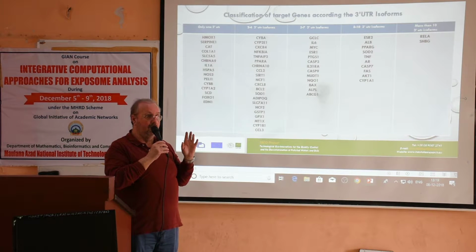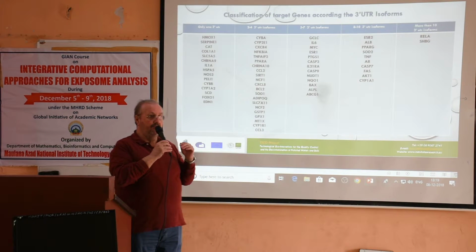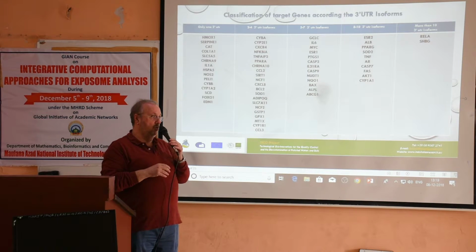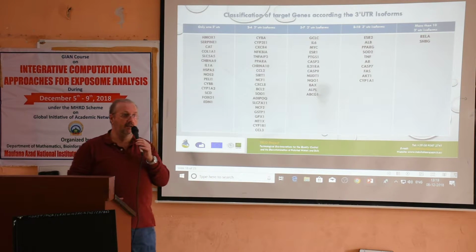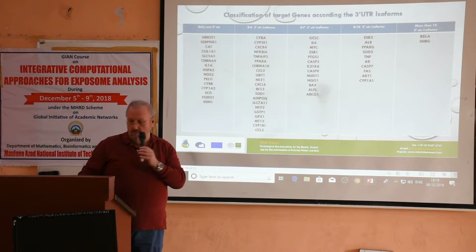More than 10 isoforms suggests that you must be careful in the classification, because the sensitivity, the response to specific pollutants in the exposome, can be very, very different.